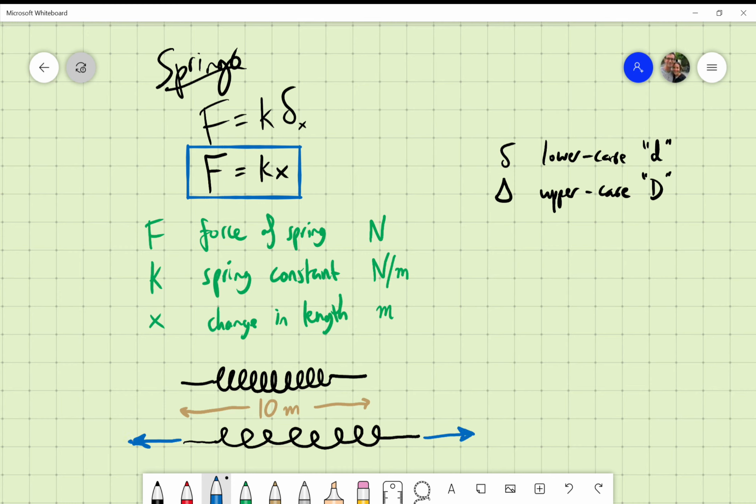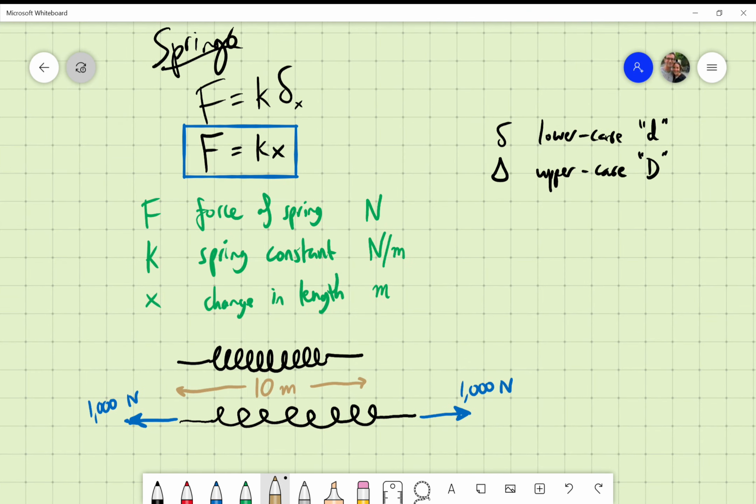Let's say you have to apply 1,000 newtons of force to make this thing stretch out in the way that I'm drawing it right here. And let's say as you do that, it goes out to be 12 meters long. You just stretch this thing out. When the thing is given to you, it's 10 meters long and there's no force happening. And when you apply 1,000 newtons, it pulls out to be 12 meters long.